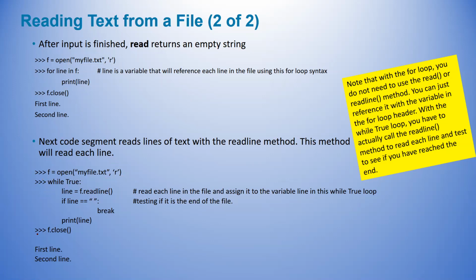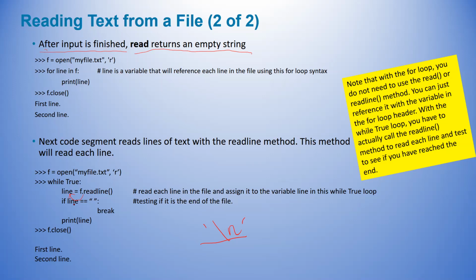How does it know it's a line? It knows it's a line when it encounters the new line character, right? Okay, so this will read the line and assign it to the line variable. And then remember, after the content in a file is finished, read returns an empty string.